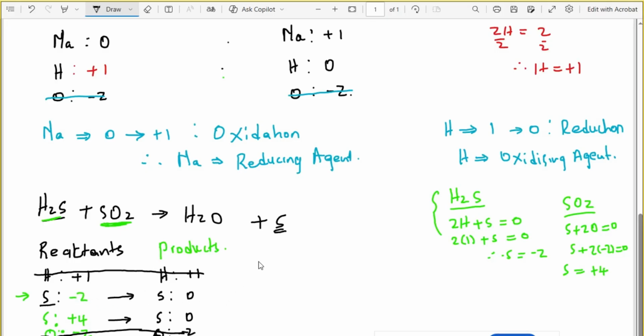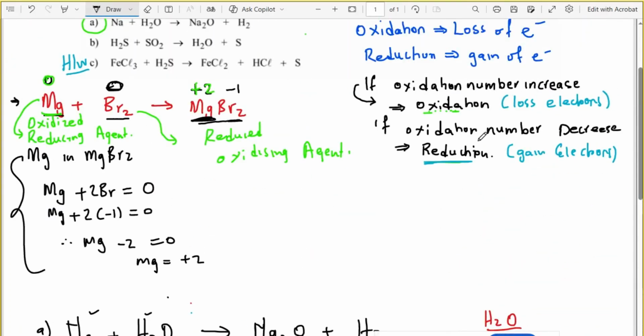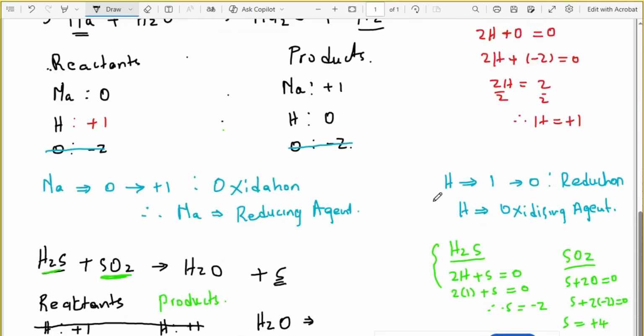So this tells you that the oxidation number of sulfur has changed from -2 to 0. And we said if there's an increase in the oxidation number, this will be oxidation, loss of electrons.